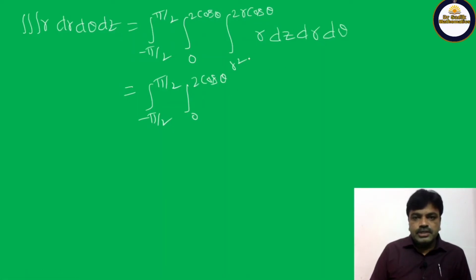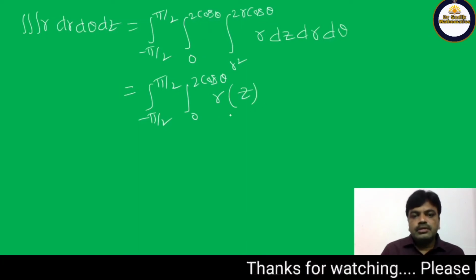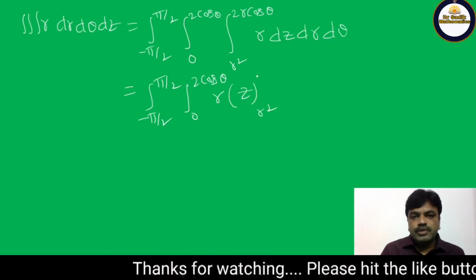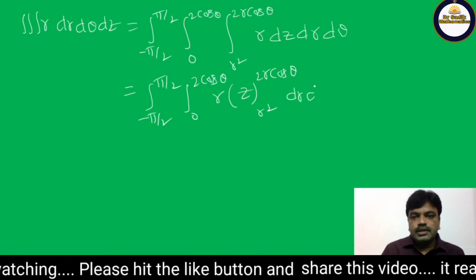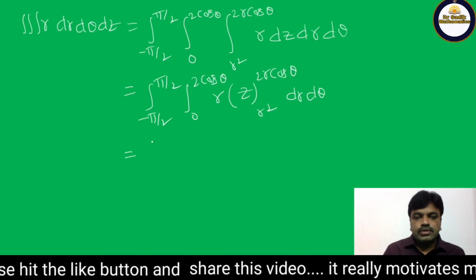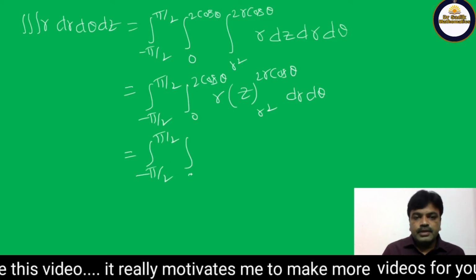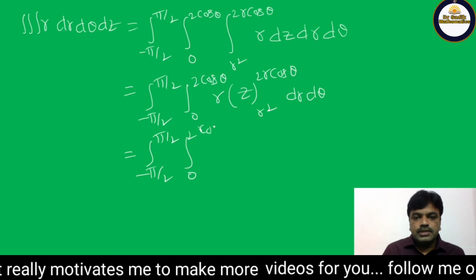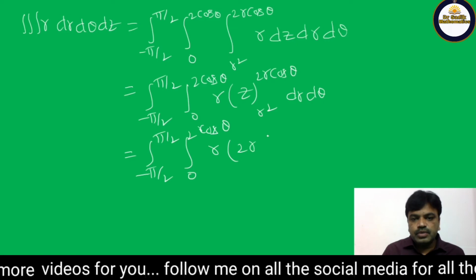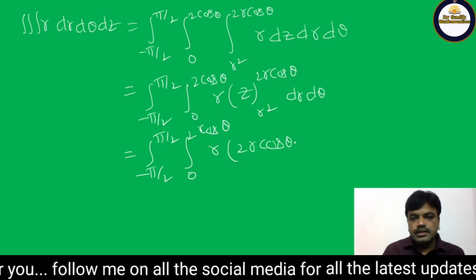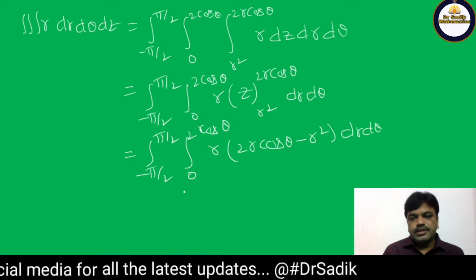With respect to z, r is constant, so r into z, where the lower limit is r square and the upper limit is 2r cos theta, dr d theta. That is equal to the integral from minus pi by 2 to pi by 2, integral 0 to 2 cos theta, r into the upper limit 2r cos theta minus the lower limit r square, dr d theta.